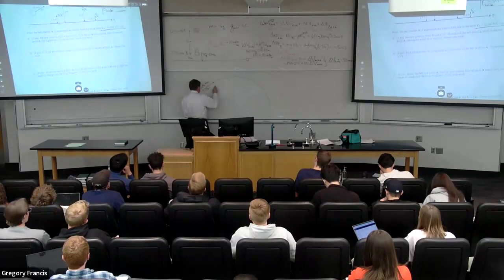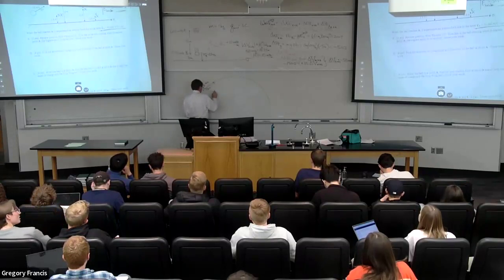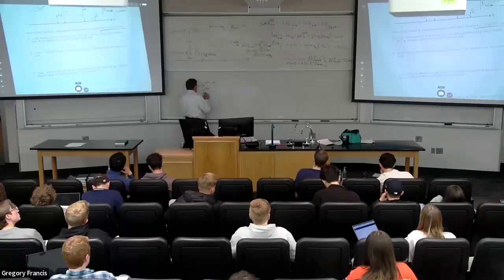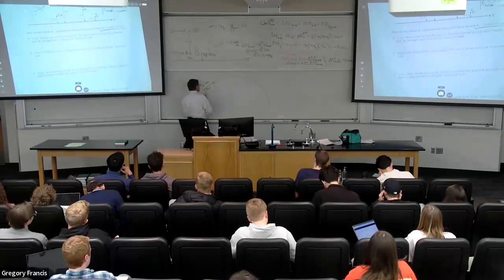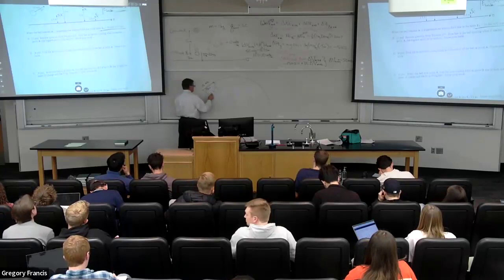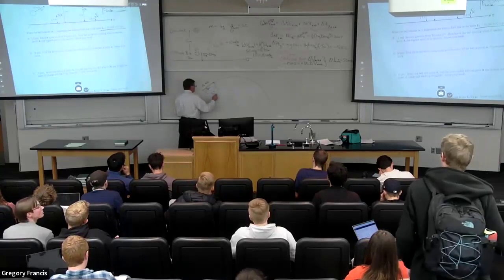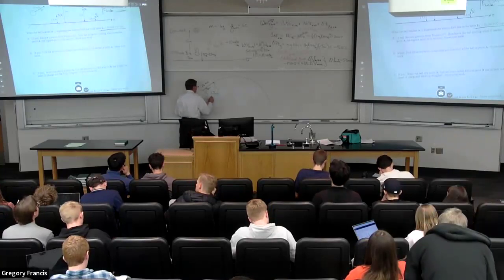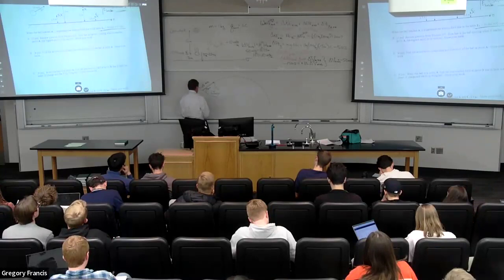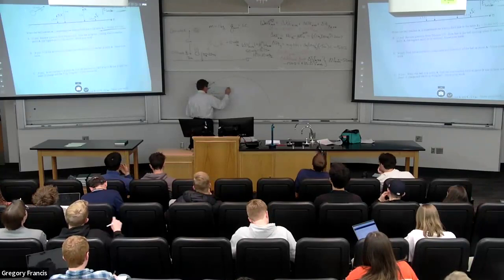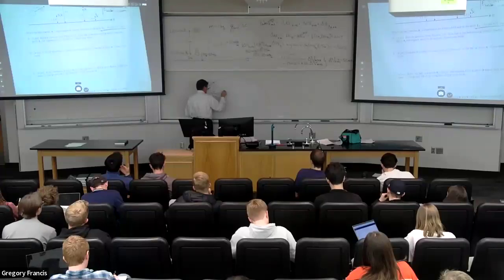So if I break that up into an X part and a Y part, the X part is going to be 15 times the cosine of 37 degrees, and that's going to give me 12 meters per second. And the Y part is going to be 15 meters per second times the sine of 37 degrees, and that's going to give me 9 meters per second.